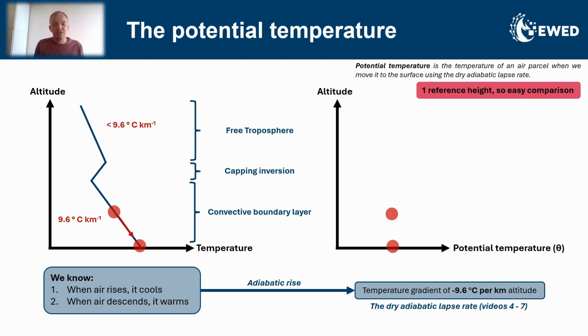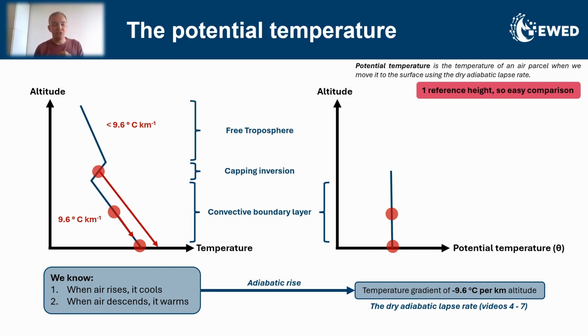Higher up in the convective boundary layer, to find the potential temperature, we have to go down with the dry adiabatic lapse rate towards the surface, so using this 9.6 degrees Celsius per kilometer. But in the convective boundary layer, the gradient of temperature is exactly this dry adiabatic lapse rate, meaning that in the potential temperature, we get a straight temperature profile in the convective boundary layer.